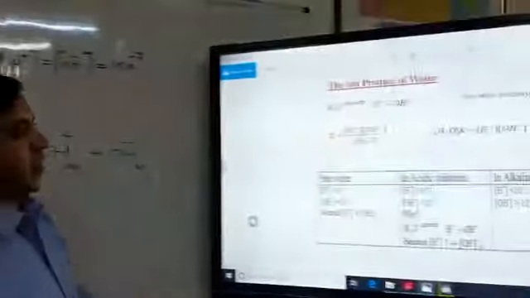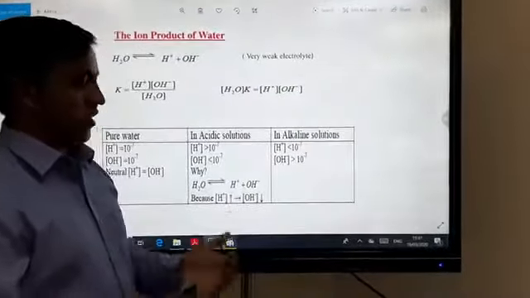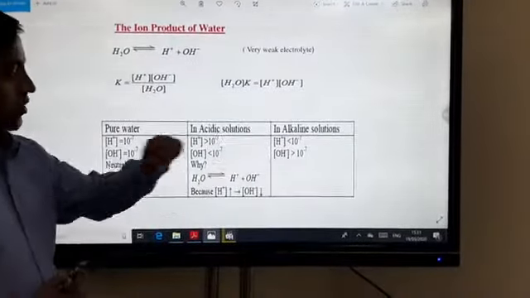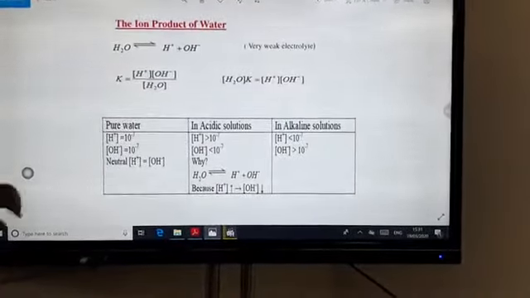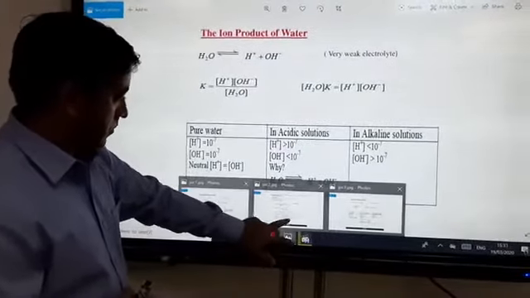And the third one, for example in an alkaline solution, the concentrations of hydrogen ion and hydroxide ion are both given. Now come back to the next.